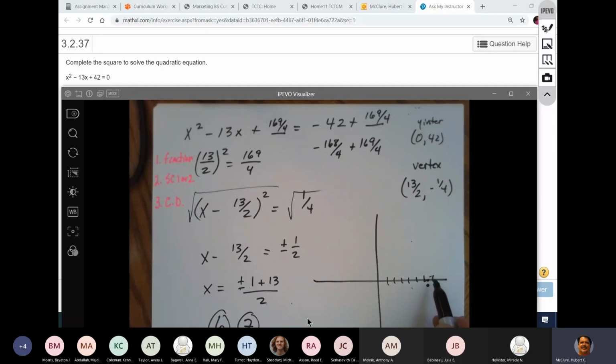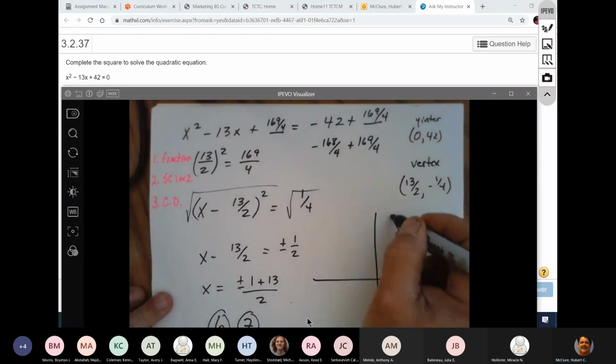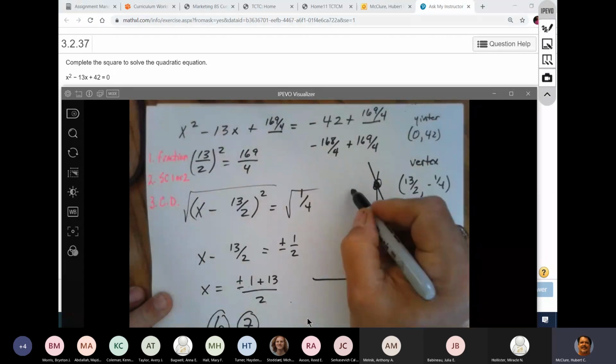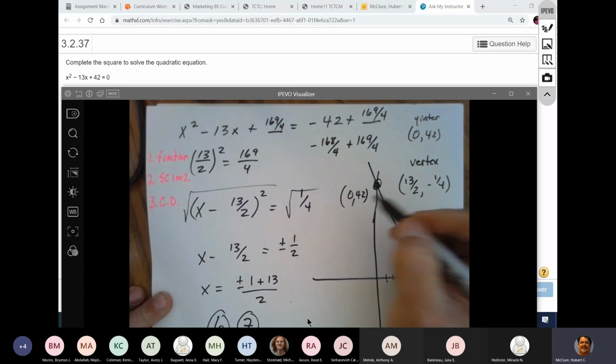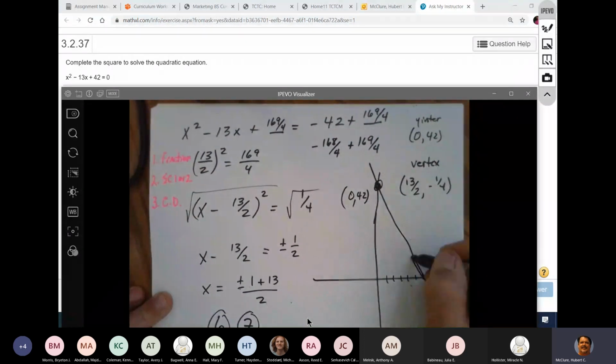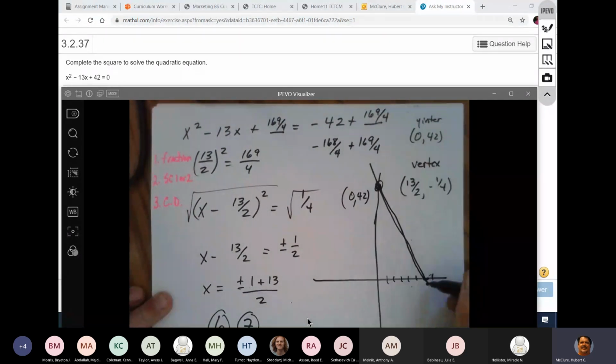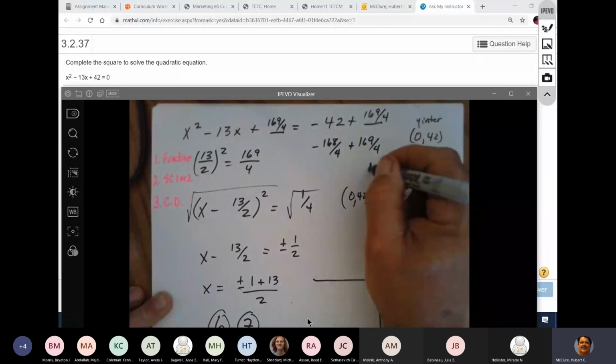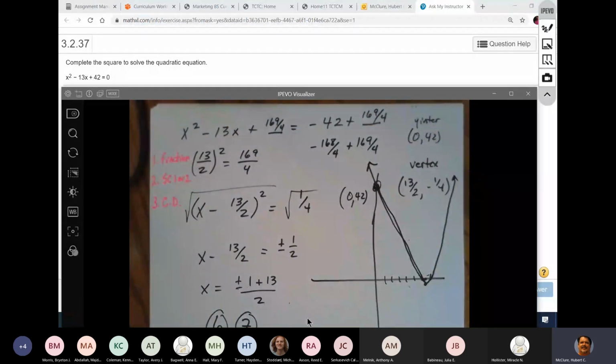The reason I thought it was odd is those are so close together, but since the vertex is right below, that would be right. And 42 is right here. So 0, 42 is right there. And yes, I'm drawing it a little bit out of whack because this is so small. There we go. So it's going to look something like that.